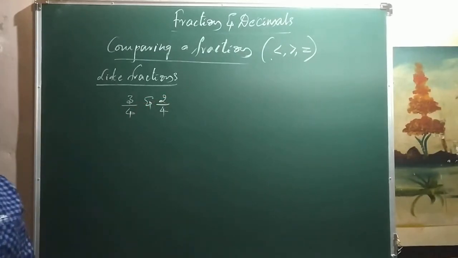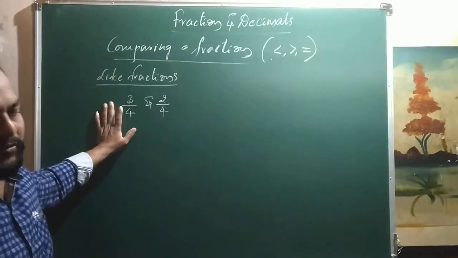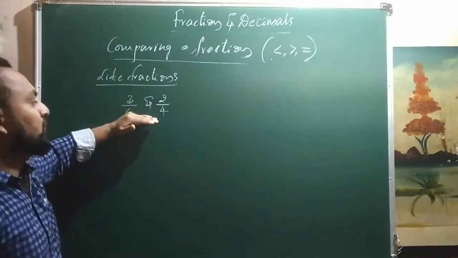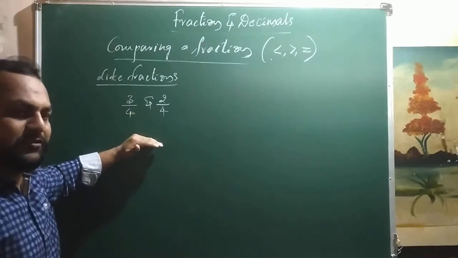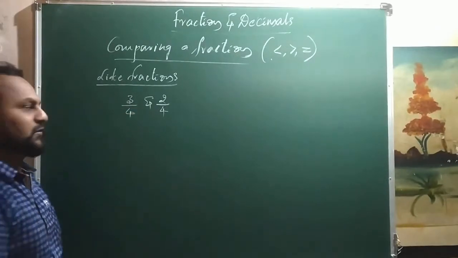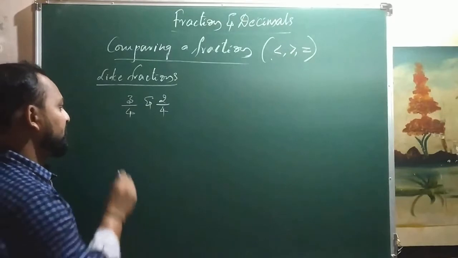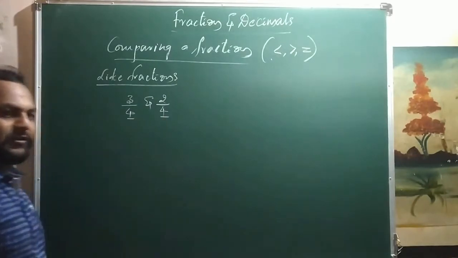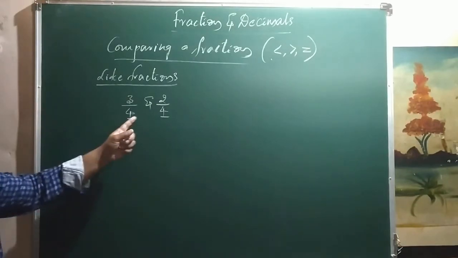Why are these two like fractions? Like fractions are fractions with the same denominator. Here 4 and 4 are the same denominators.